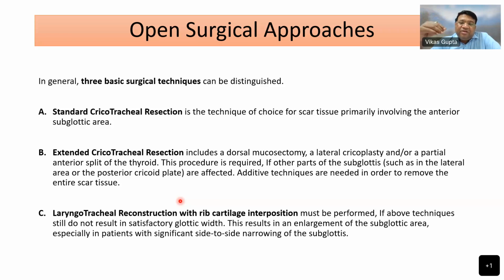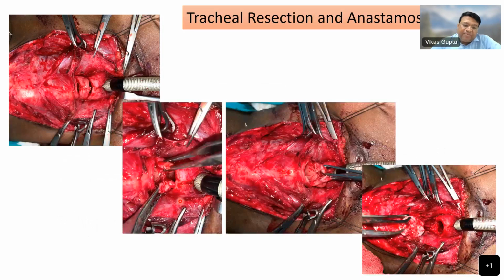But when there is extensive involvement along with the anterior subglottic area, like the lateral cricoid space, where the cricoid is also involved, there we require an extended cricotracheal resection. And in cases where it is too extensive, we need laryngotracheal reconstruction along with rib cartilage interposition. So these are the three procedures.